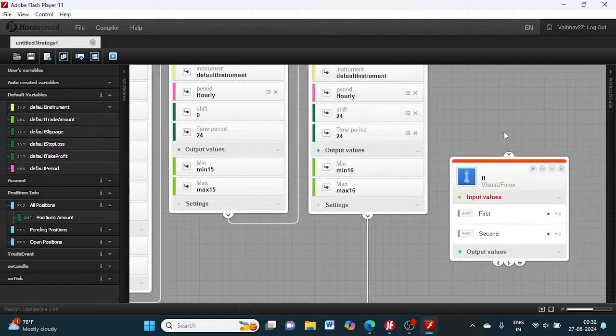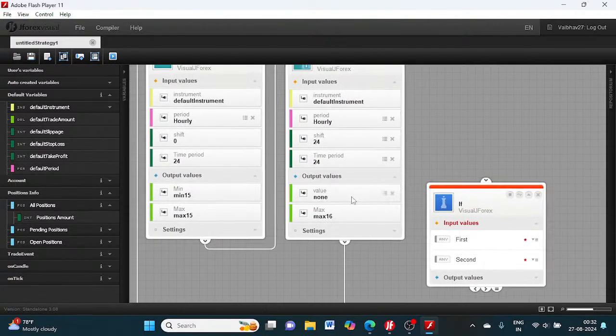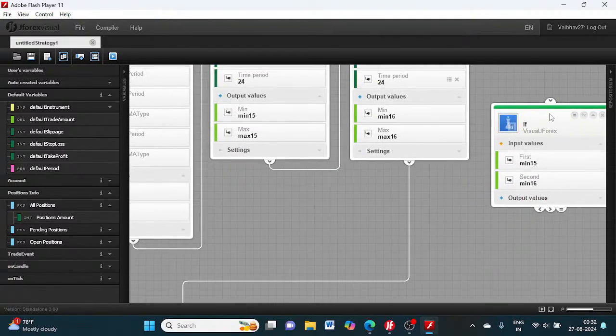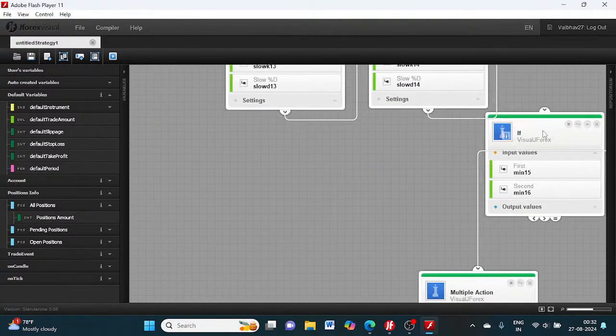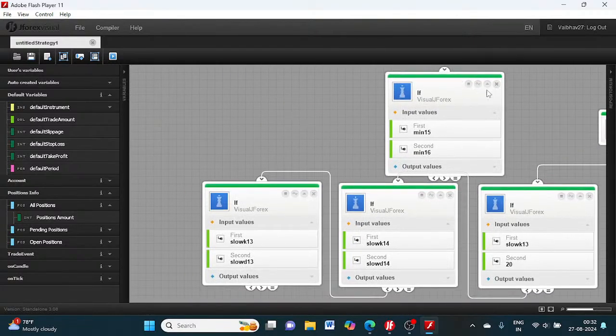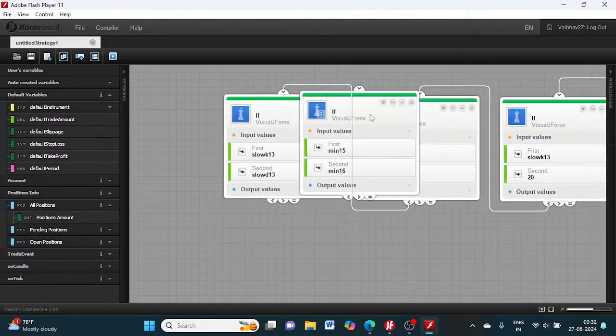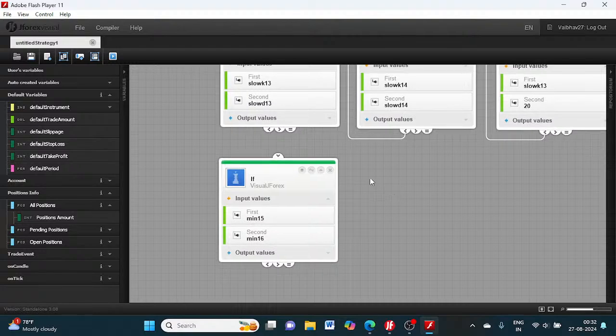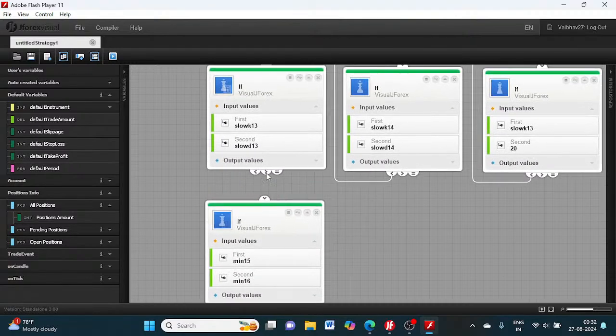We do this cross period comparison, minimum 16 and minimum 15. Okay, should have been greater.